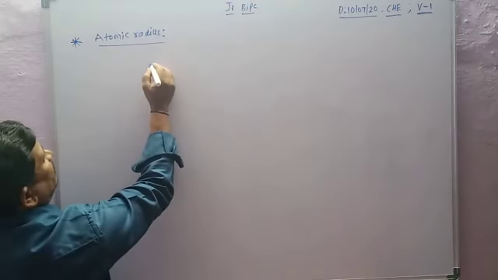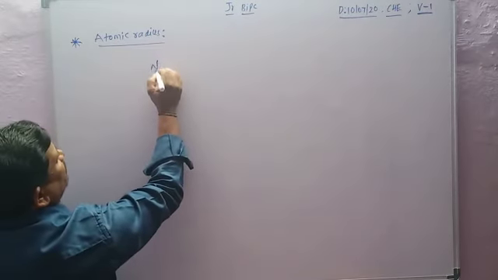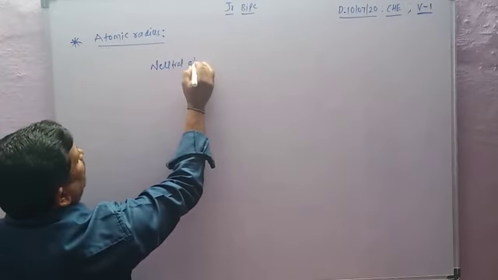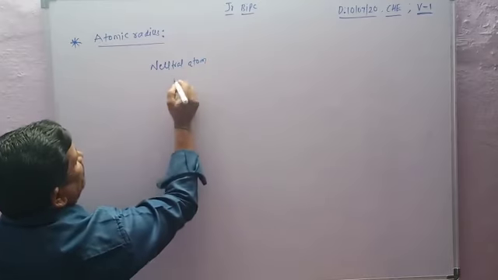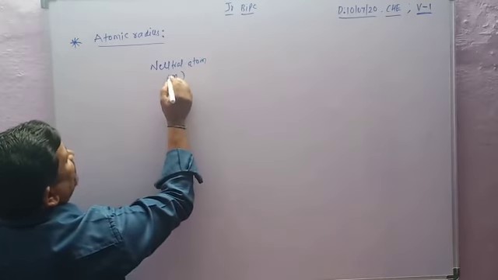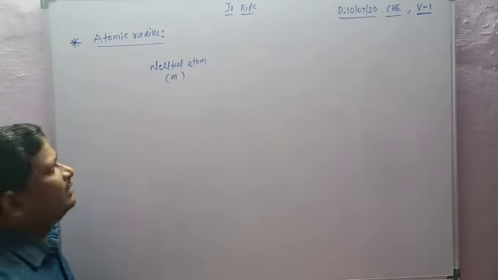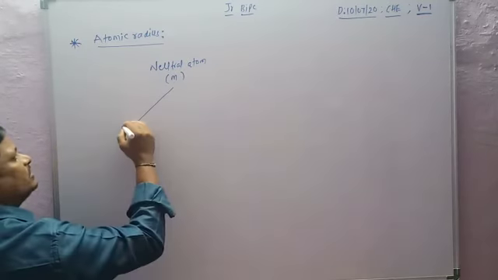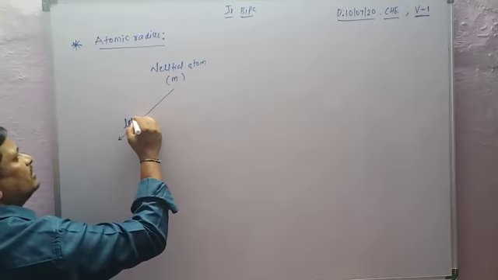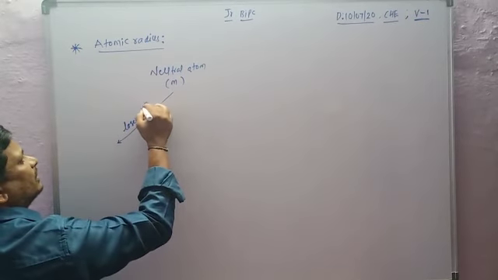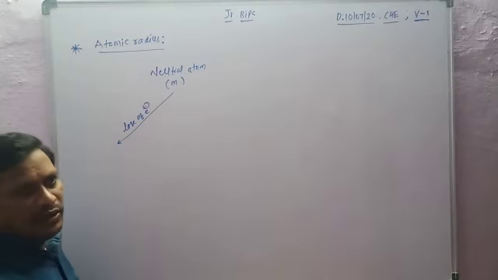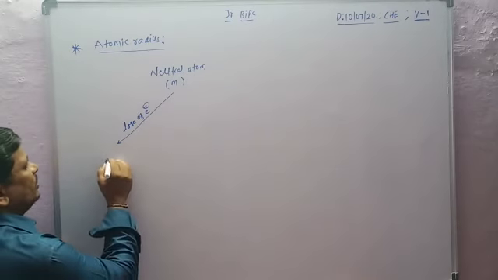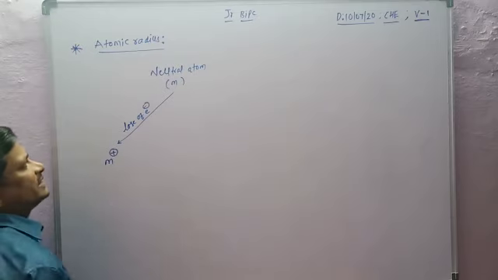A neutral atom is simply denoted with M or X. When a neutral atom loses an electron it gets a positive charge, M plus.